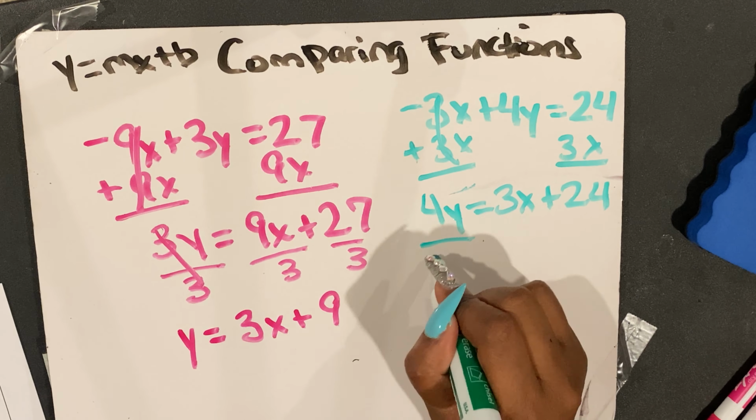Wait a minute, Miss T. Wait, you're not giving me the equation. No, my friend. You need to solve to get the equation. So what you gotta do is use, let me get my smaller one.